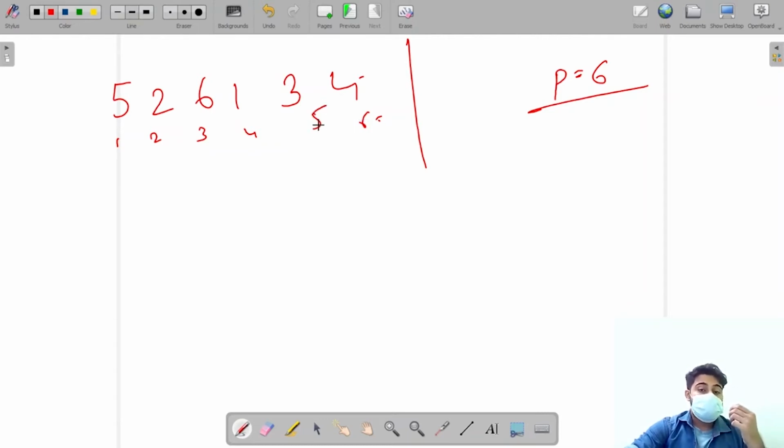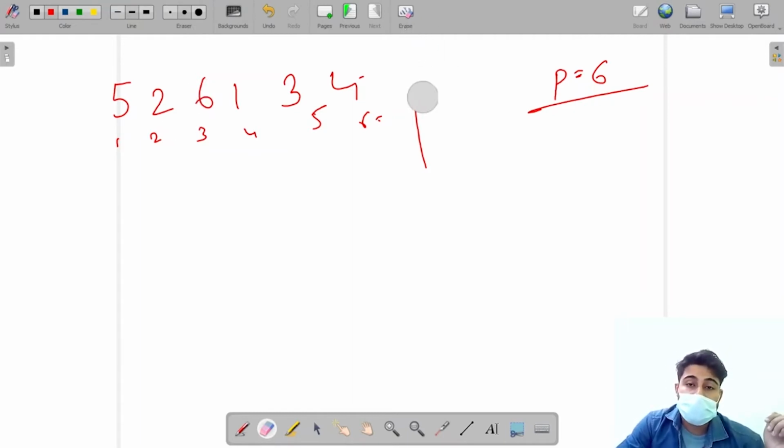Similarly we will find the correct position of this 5 using this 3. Similarly we will find the correct position in our output using this face value 1. So how do we find it? We will just use the old concept of modulo and division, and basic math. Let's try to understand how.